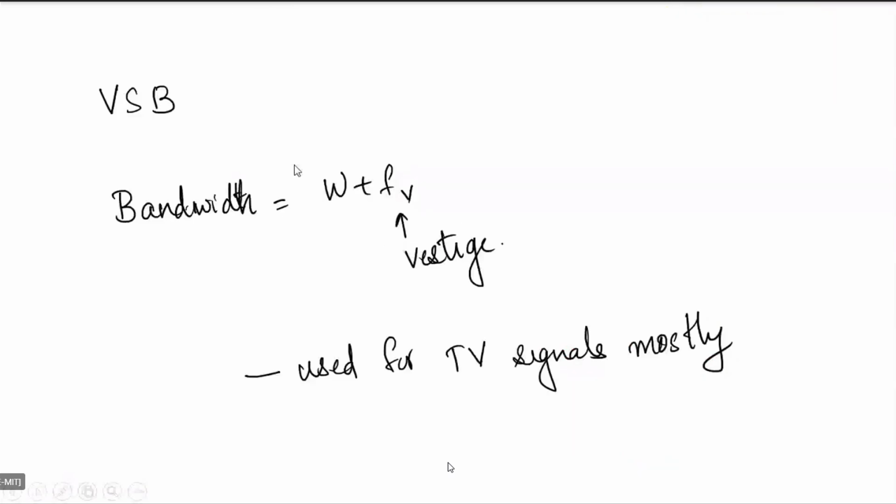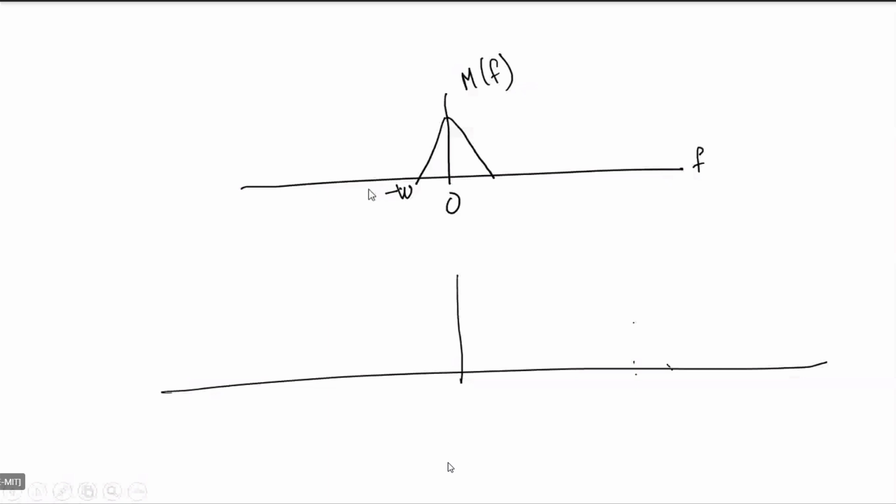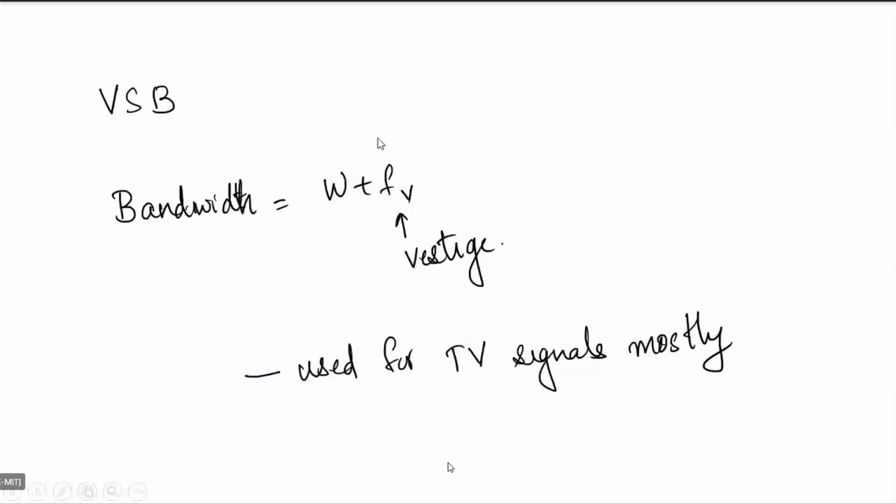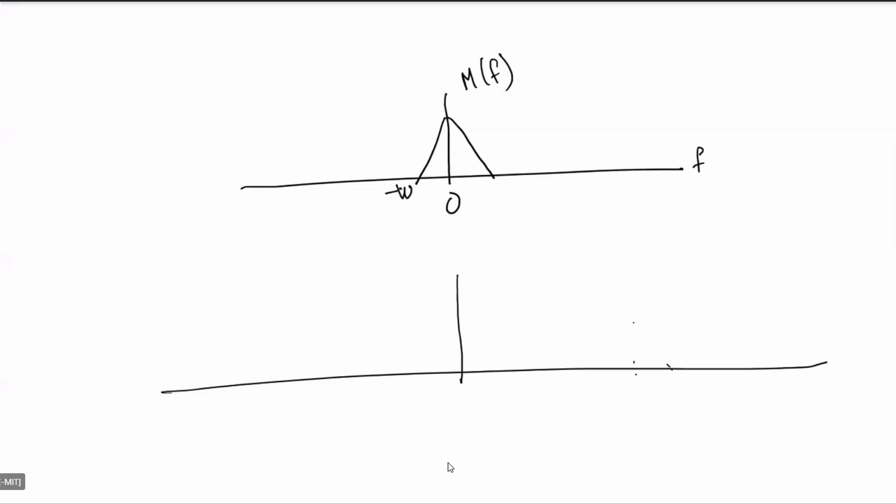So the bandwidth will be the message bandwidth plus a vestige, a little bit more bandwidth compared to the SSB signal. And this method of modulation is used for TV signals mostly.